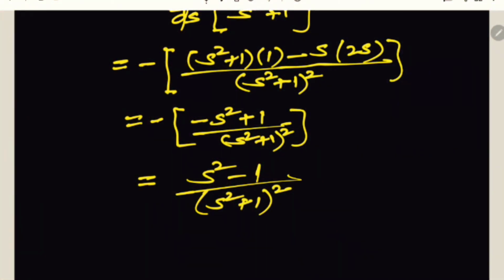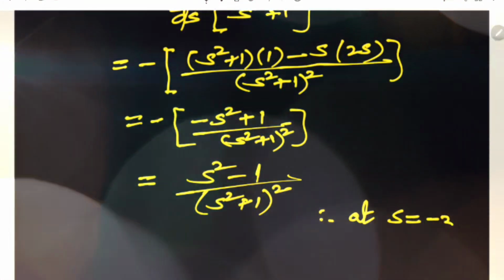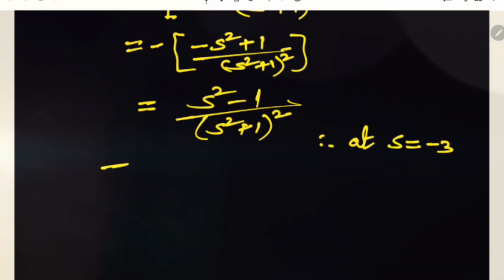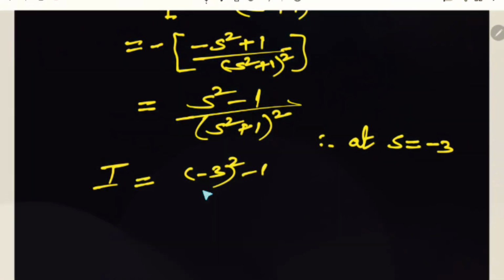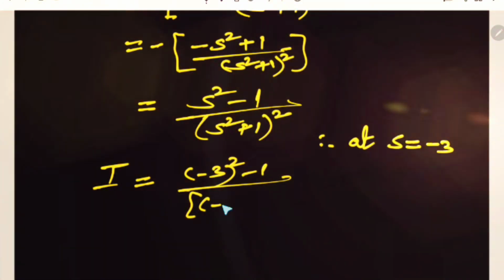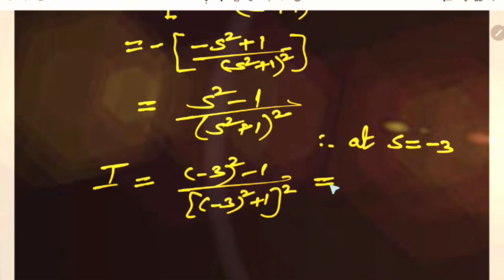then substituting s equals 3 in this step, put s equals minus 3. We get the value of I as minus 3 square, nothing but 9, minus 1 divided by minus 3 square plus 1 bracket square.